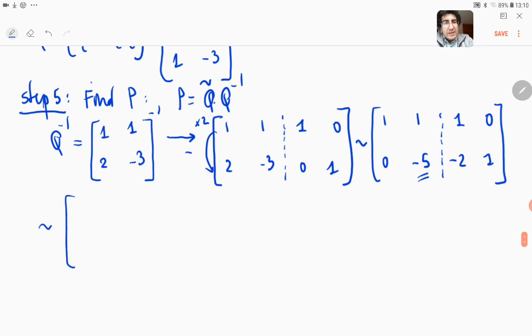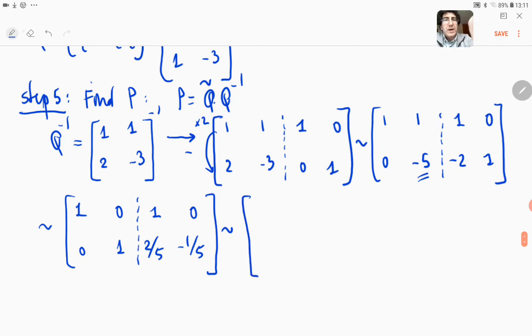What I'm going to get is the identity matrix in the first part, and over here I will have 1, 1, 1, 0. If I divide this, I will have 2 over 5 and minus 1 over 5. I have made an extra step to make it clearer.